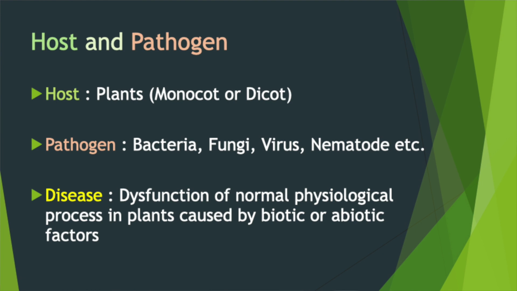A disease in plants is a condition that causes dysfunction of the normal physiology of the plant, and it can be caused by either biotic or abiotic stress. That induces a change in physiology, and this can be considered a disease. Biotic means any living organism that causes the disease.